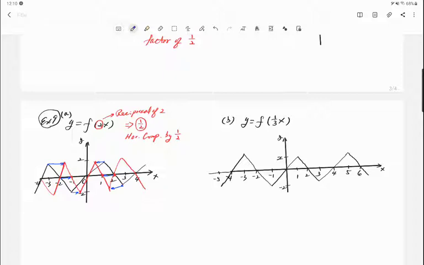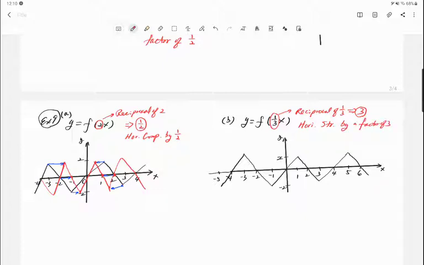Okay, the next one is x multiplied by 1/3, right? So what's the reciprocal of 1/3? It is 3. This is horizontal because x is multiplied by something. There is a horizontal stretch or compression, but since the factor is 3, it's a horizontal stretch. Stretch by a factor of what?